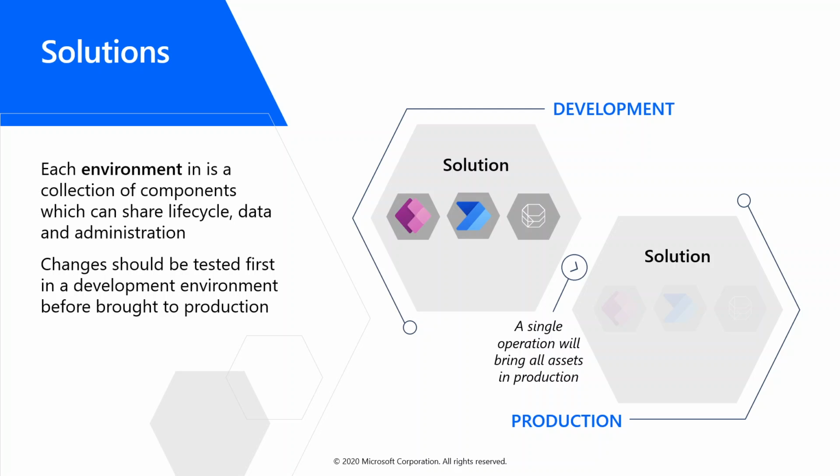It can have an app, it can have a collection of flows, it can have Dataverse tables, it can have many AI models, all sorts of things can live inside a solution. And when you want to move that solution from development to prod, you export that solution and import it into the production environment. So one single operation will move all of those assets from one environment to another.